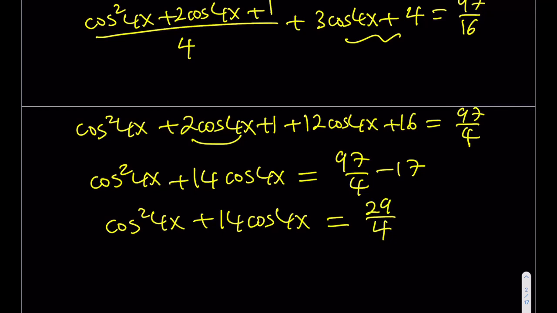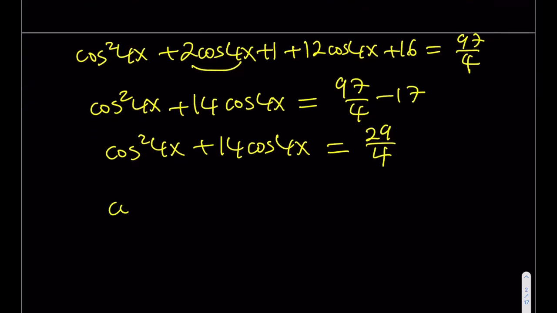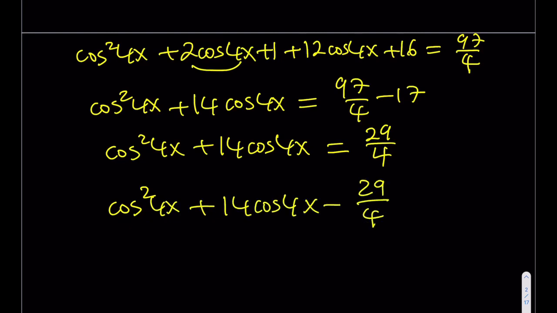Beautiful. Okay, here's the million-dollar question. Is there a way to factor this expression? Yes, if you know that 29 over 4 can be factored into two expressions whose sum is 14, and that can be done. Why? Because you can basically split it up into 29 halves and 1 half, and one of them has to be negative, and their sum is going to be, actually it's the other one, not this one, because we want their sum to be positive, so we're basically dealing with these two.